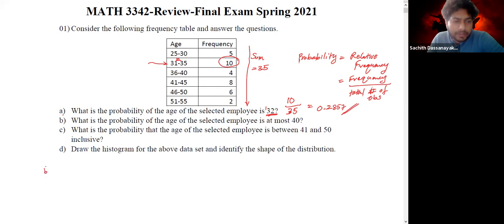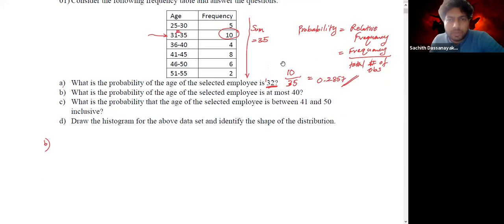Part B. What is the probability that the age of a selected employee is at most 40? At most 40 means maximum 40. You can write it using notation. If X is the age of employees, X is less than or equal to 40.